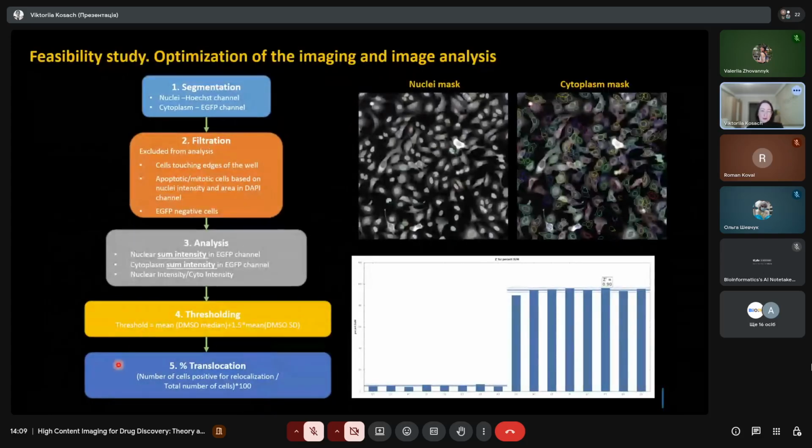When you normalize your data to percent, it could be percent of your control, percent of inhibition of your target, percent of activation of your target, etc. But it's really important because from day to day, your microscope and your laser could perform a bit differently, depending even on the temperature in the room, in the laboratory.